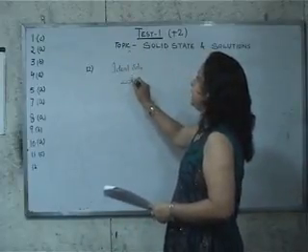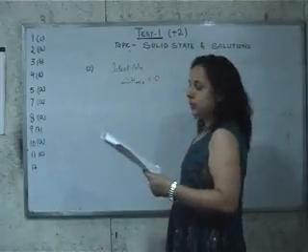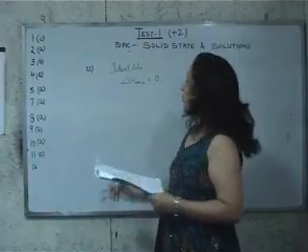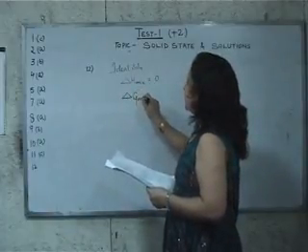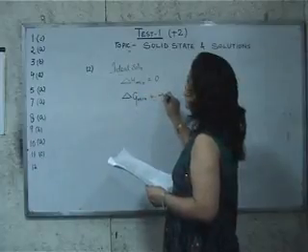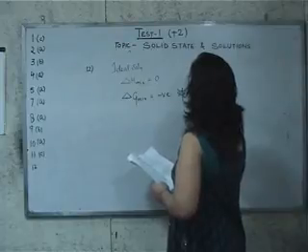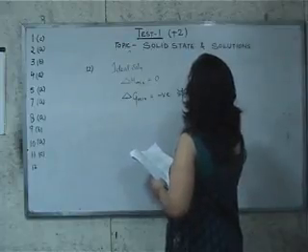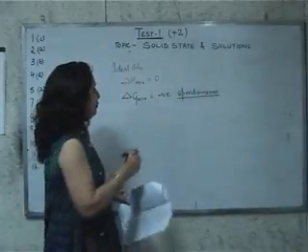For an ideal solution, delta H mixing is always equal to 0. There is no change in the enthalpy of mixing, but the mixing is spontaneous. Therefore, delta G comes out to be negative, because the solution forms on its own by spontaneous mixing. It means delta G must be negative.